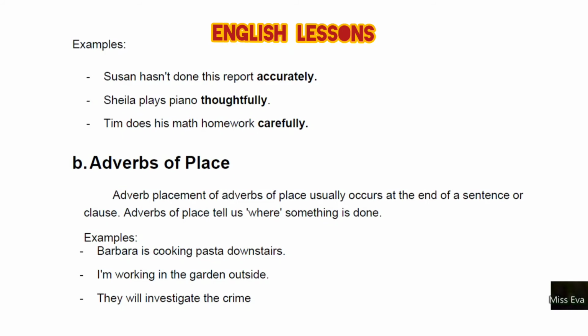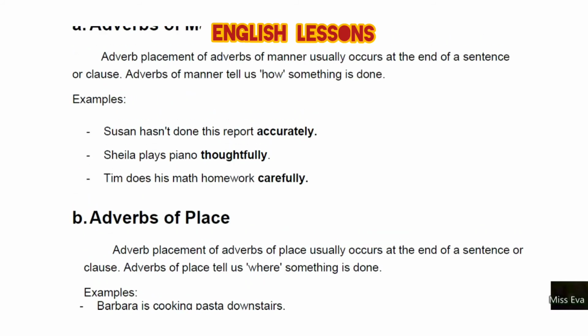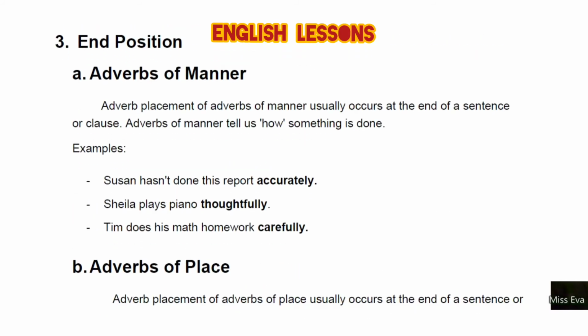It's how, the way, Susan hasn't done this report accurately. Here we have ly. That's why it's called adverbs of manner. Manner means cara. Cara means we have ly in here.